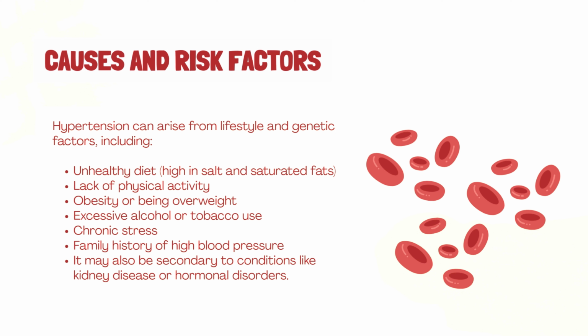Unhealthy diet, lack of physical activity, overweight, excessive alcohol or tobacco use, chronic stress, and family history of high blood pressure, that is the genetic factor. It may also be secondary to conditions like kidney disease or hormonal disorders. So, these are some of the underlying factors due to which a person can have hypertension.